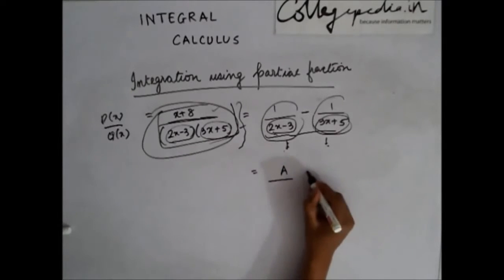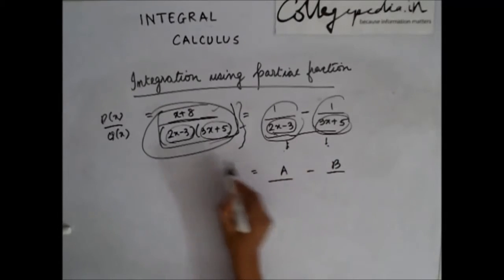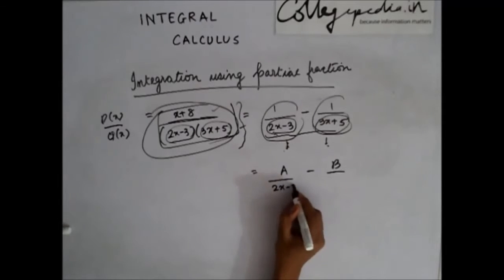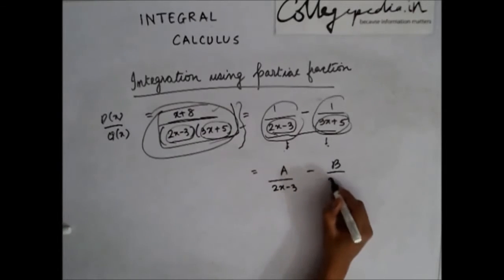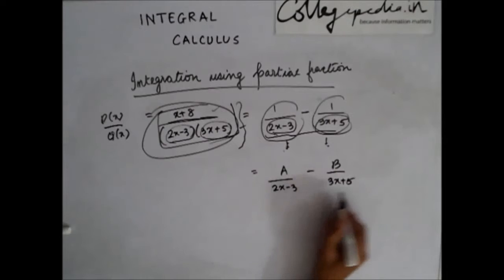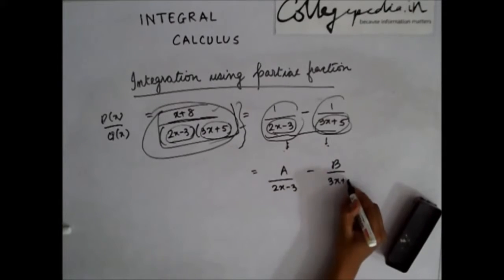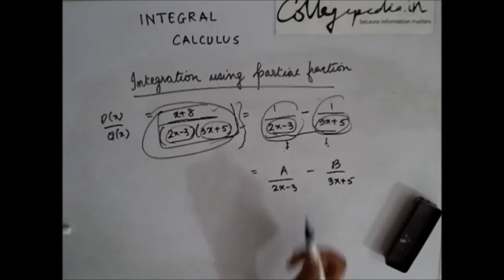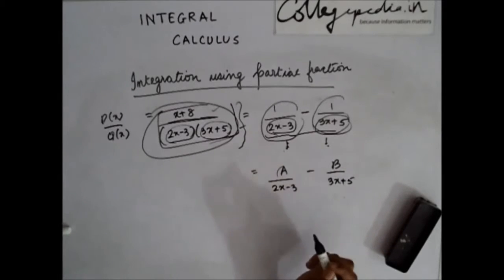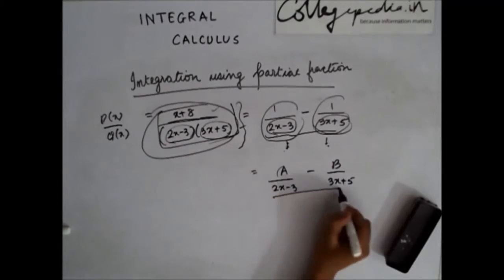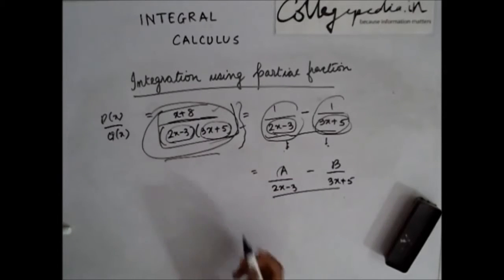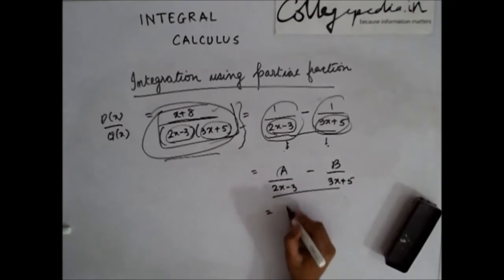First of all, I just wrote the factors here, which are 2x minus 3 and 3x plus 5. Remember, these are the factors of the denominator. Okay. Now I wanted to find the values of a and b, so that this expression is similar to this expression. Now what I'll do, I'll simplify this.